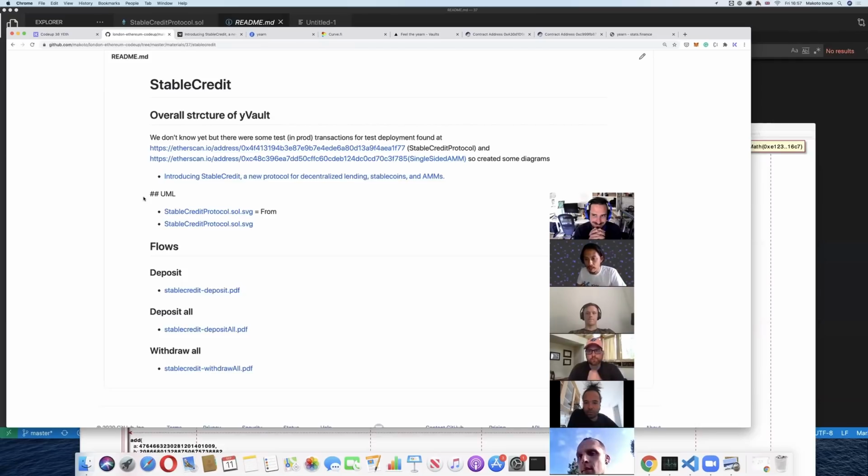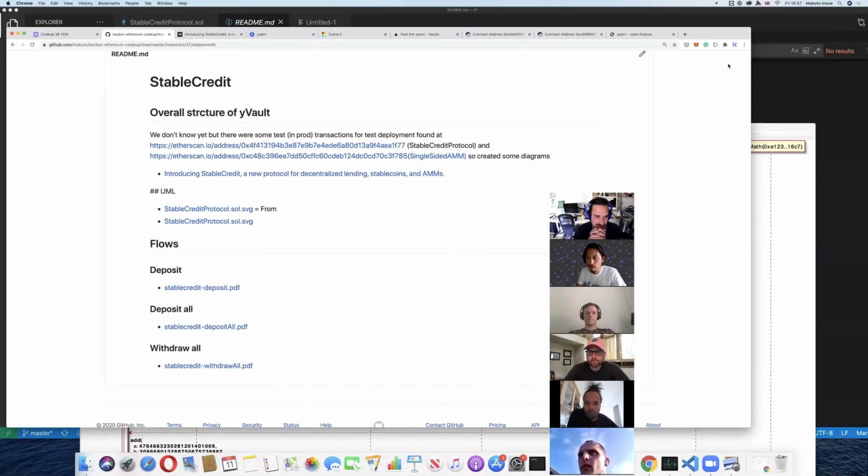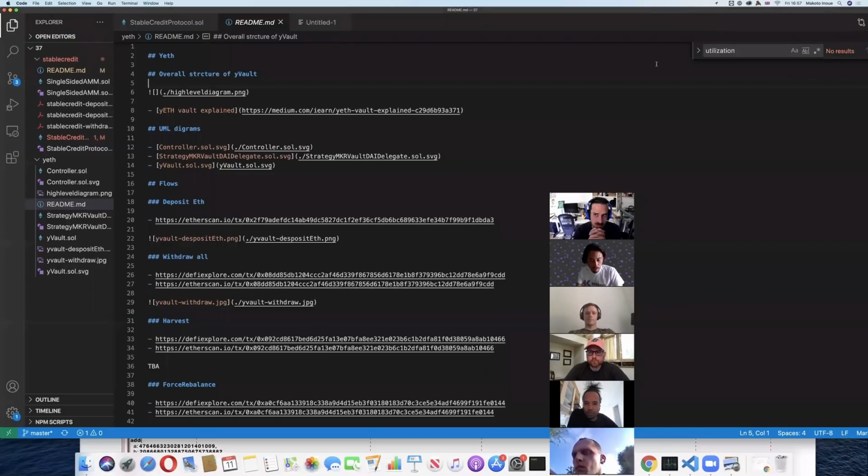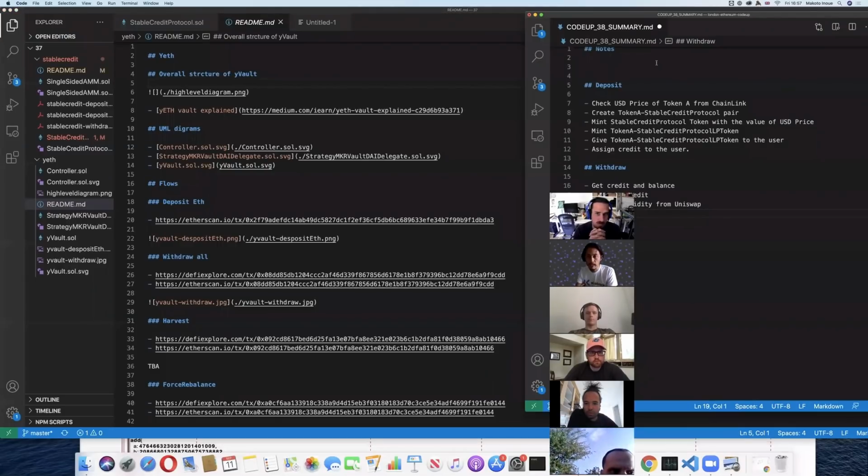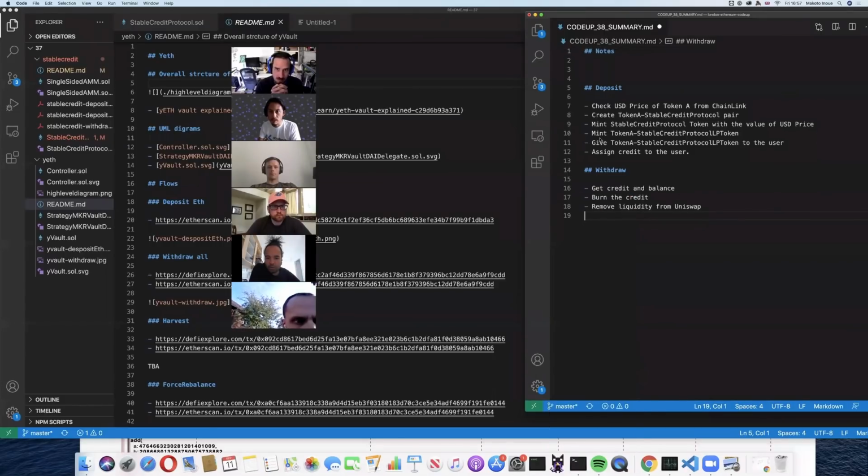I was amazed that I took a quick dive into the code, and actually there's not much logic. Not at all. It is so simple. I went to look into the deposit and the withdrawal. All it does is first check the USD price, then if you put token A, you create the token, check the price of token A, like Kyber or whatever.